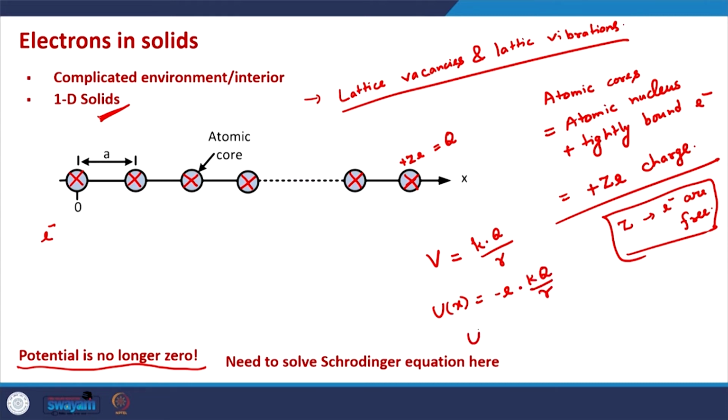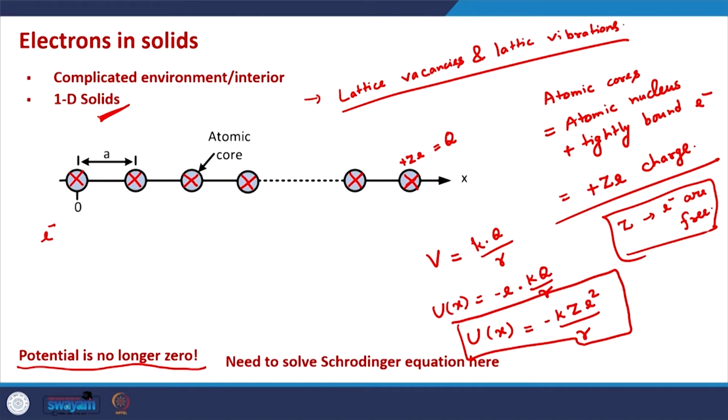So, the potential energy of the electron in the presence of a single atomic core will be basically something like k times, if we put the value of q to be Z e, Z e squared divided by r. So, it is inversely proportional to the distance between the electron and the atomic core.